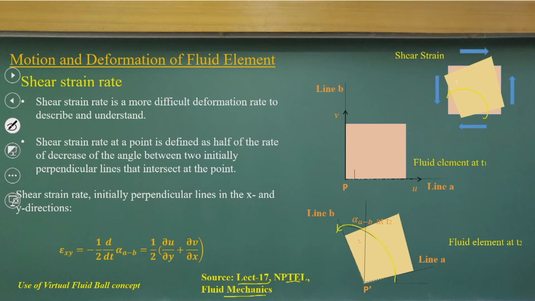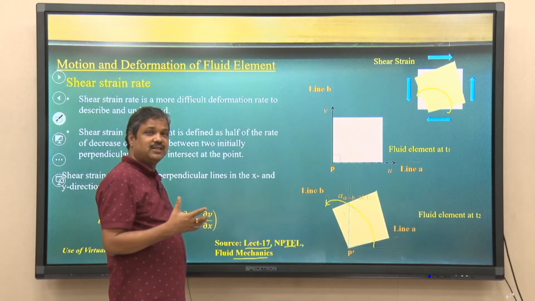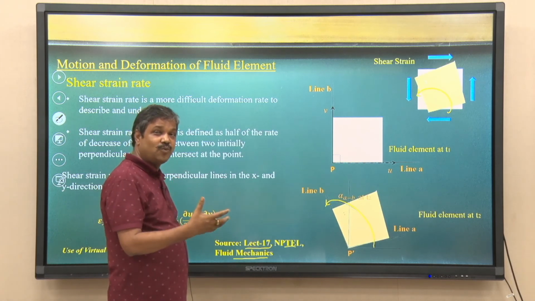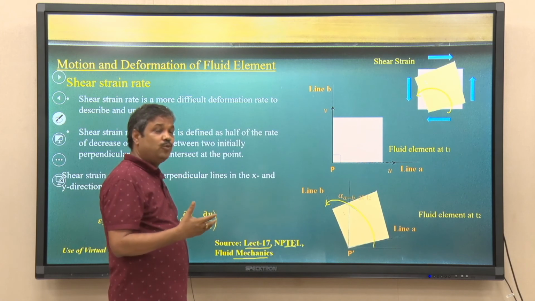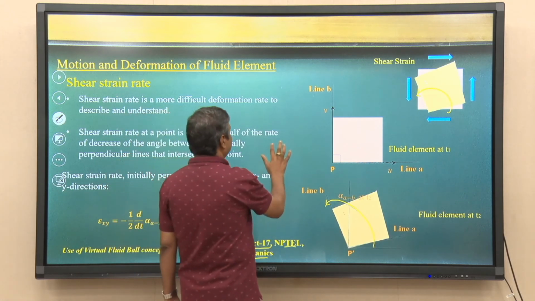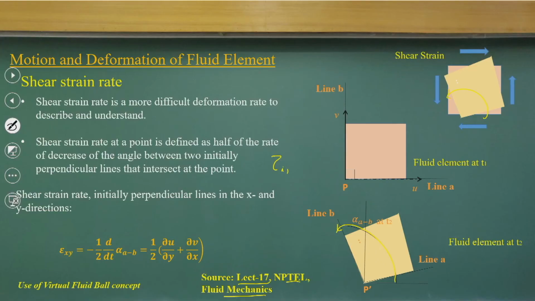So, now our idea is to write the viscous shear stress components in terms of the velocity field. That is what we are trying to look at: can we write the shear stress components as functions of velocity components?